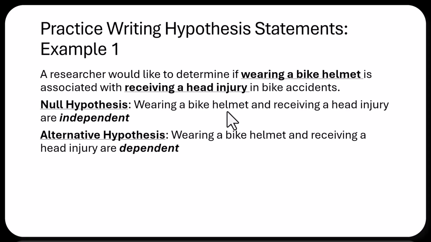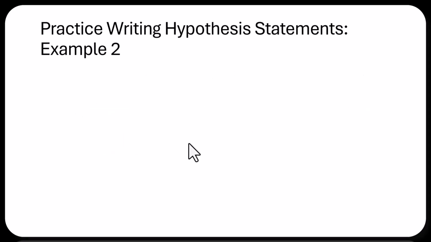Alternatively, our alternative hypothesis is that wearing a bike helmet and receiving a head injury are dependent. Notice how I contextualized both of these hypothesis statements. I did not just say the two categorical variables. I mentioned what each variable was.